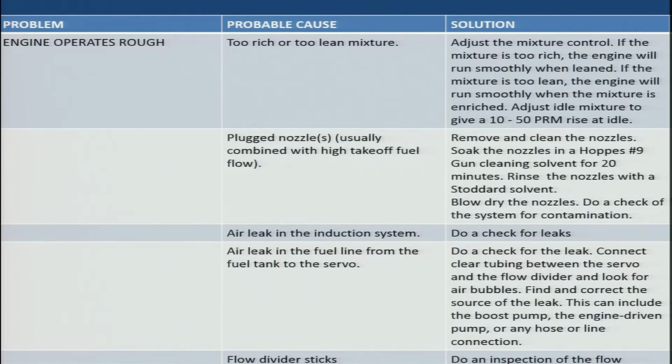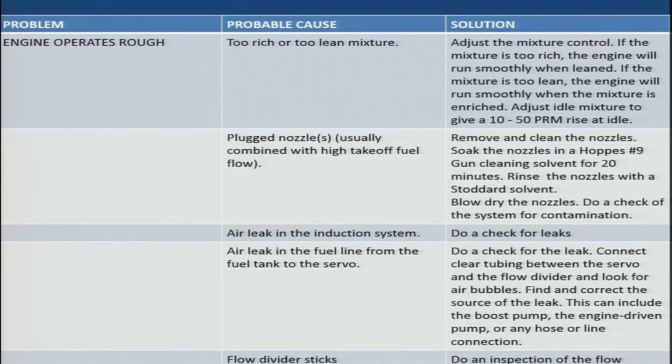In case the mixture is too rich or too lean, we need to adjust the mixture control as per the manufacturer's guidelines. The procedure is given and we will discuss also about the mixture adjustment. In case the mixture is too rich, we need to lean it slightly. If it is too lean, then also we need to enrich it slightly.